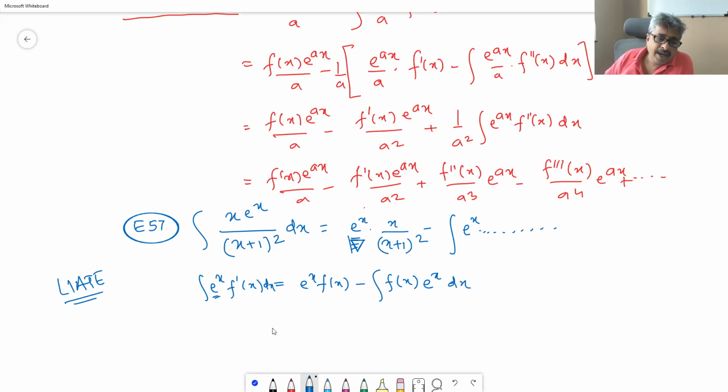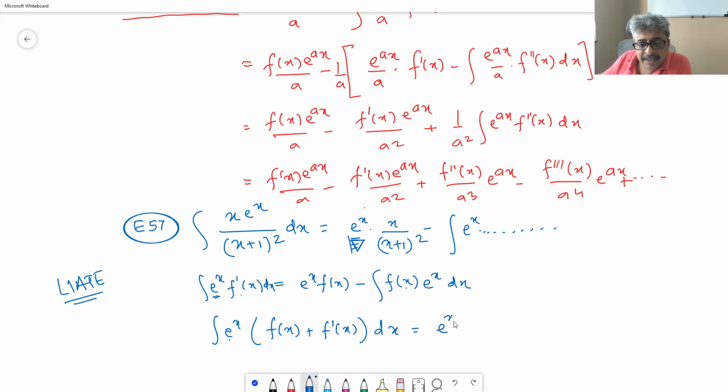dx. Okay, and then you rearrange this, then you get integral of e raised to x inside bracket f of x plus f dash of x dx. This term taken to LHS, e raised to x is common, f of x plus f dash of x dx seems to be e raised to x f of x plus c, right?